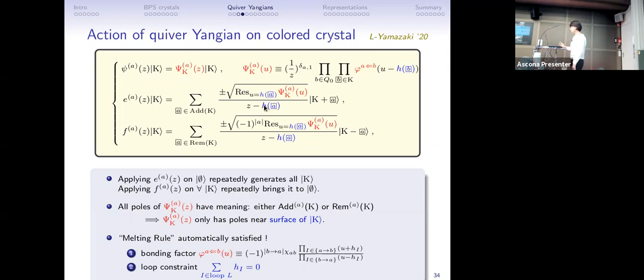Where you can add and where you can remove is again controlled by this charge function of color A.